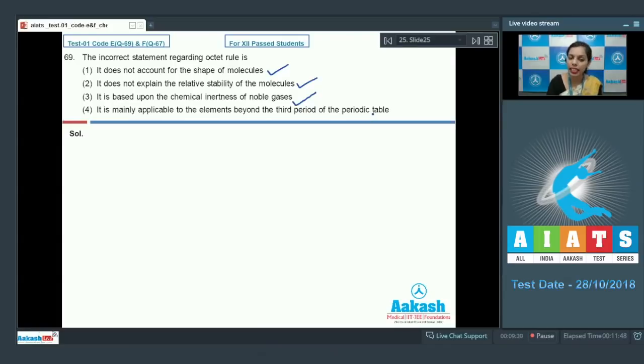This statement is incorrect because octet rule is applicable on the elements of second period also. So, this is the incorrect statement, and if it is the incorrect statement, this is the correct option for this particular question. So, answer for this particular question is option 4. After this, the next question.